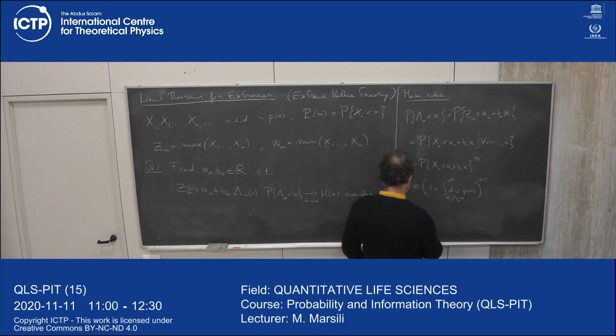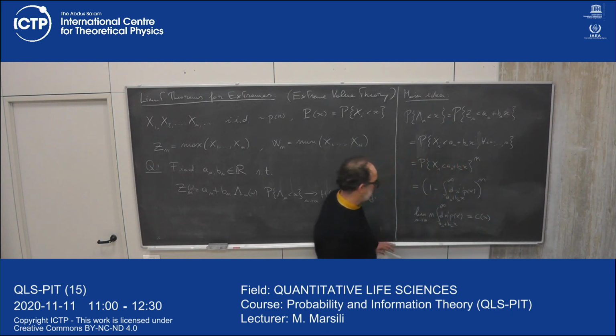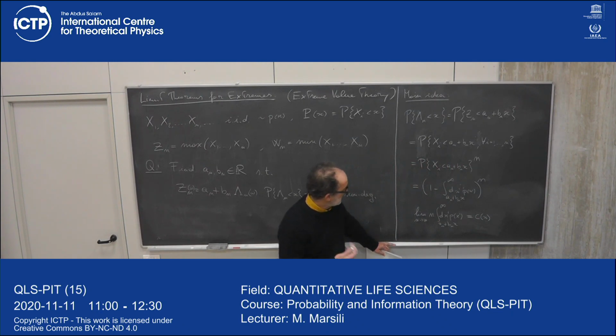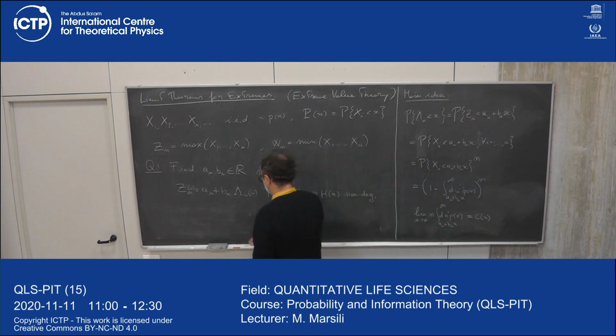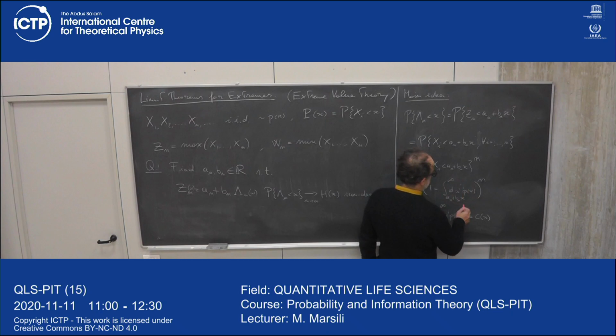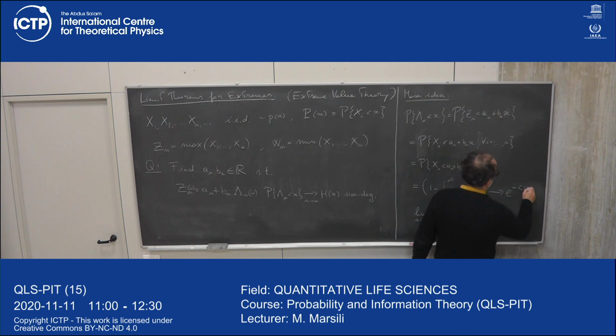So the way to solve this problem is to say that if I can find an and bn such that the limit as n goes to infinity of n times this integral is finite, and it's a finite function, okay, then this object will be asymptotically equal to C of x divided by n, and the limit here will give me e to the minus C of x, okay.